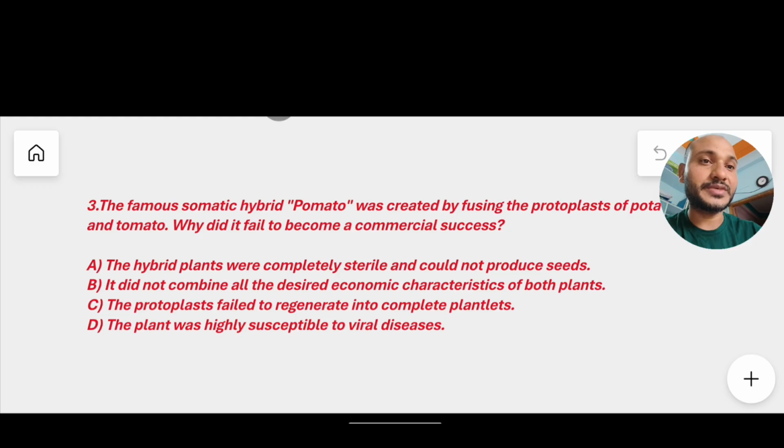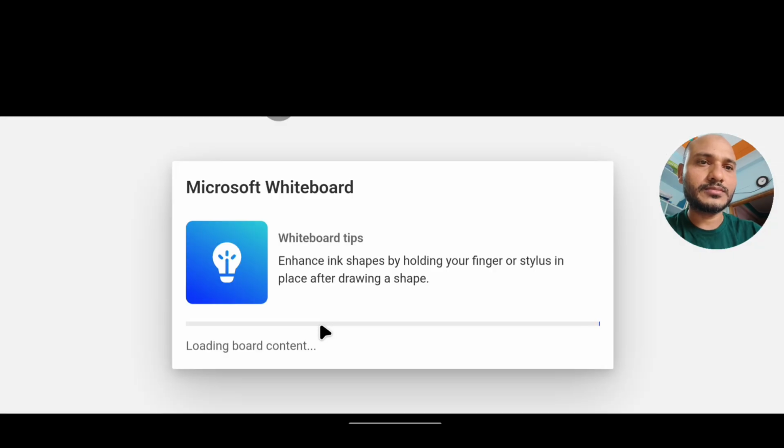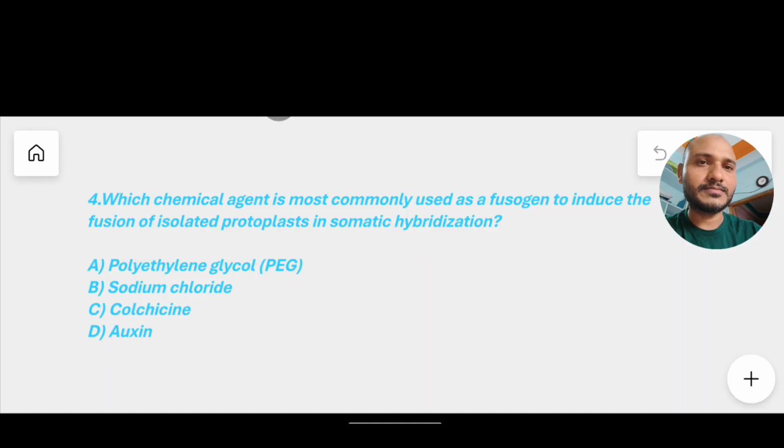Why did it fail to become a commercial success? So this is the fourth MCQ. Which chemical agent is most commonly used as a fusogen to induce the fusion of isolated protoplasts in somatic hybridization? So these are the 4 MCQs related to somatic hybridization and the hybridization process.